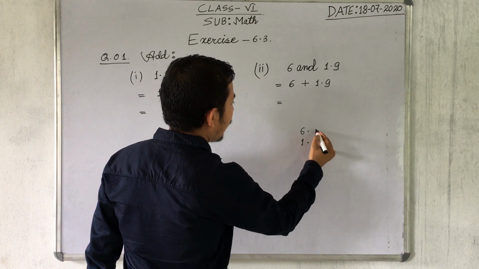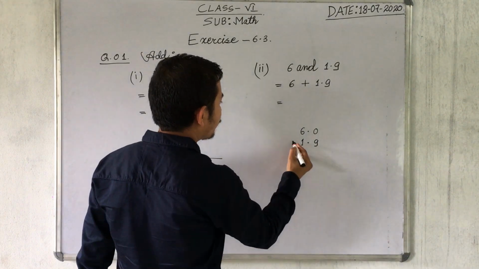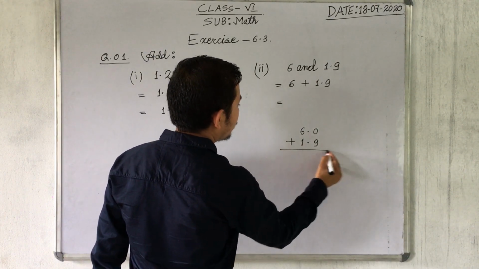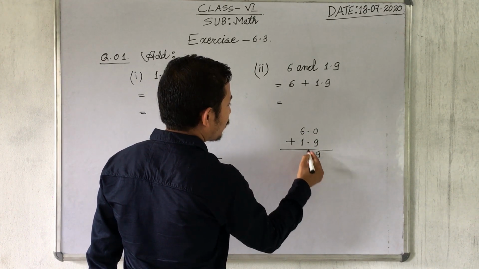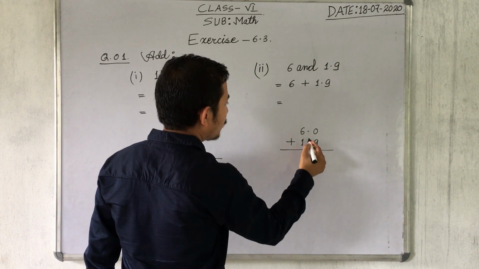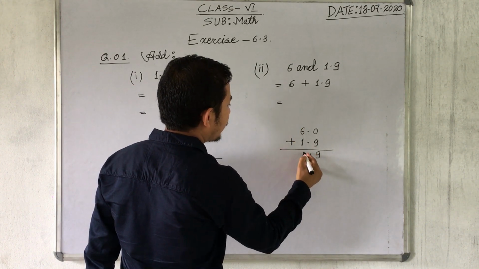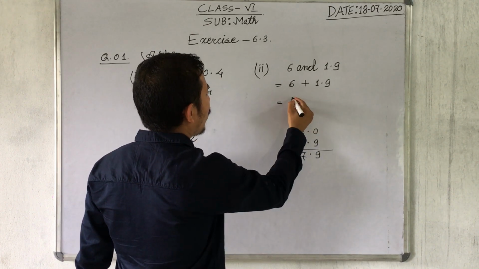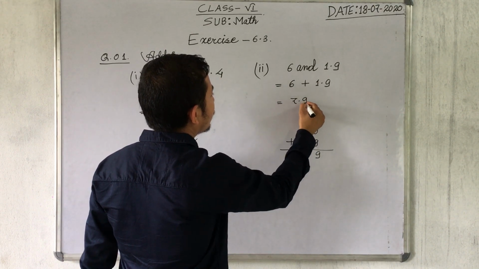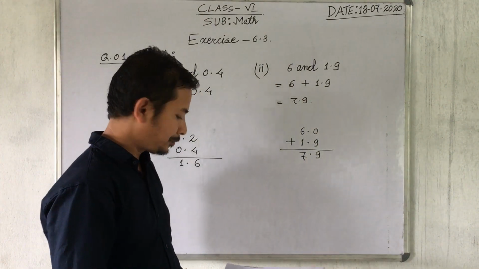And after that we can put here 0 behind the decimal point. Understood? So now if we add this, what will be? If we add 0 and 9, it will be 9 only. And the decimal point, okay, you have to put this decimal point in the same line, and if you add 6 and 1, it will be 7. So after adding 6 and 1.9, we have got here 7.9. Understood? Very easy.